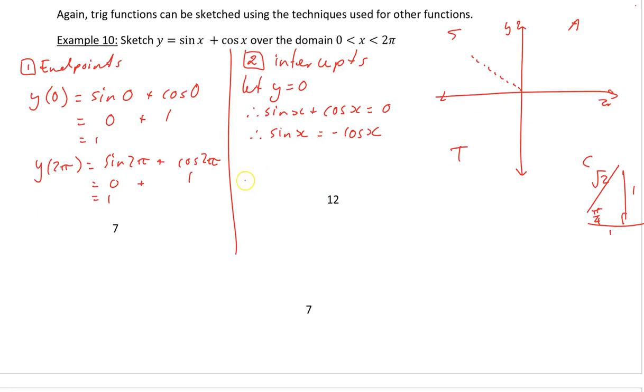So x equals 3 pi over 4. One pi over 4, 2 pi over 4, 3 pi over 4. That's one option. Now in the third quadrant they would both be negative, so it's not there. Over here, only cos is positive, so they're opposite here.